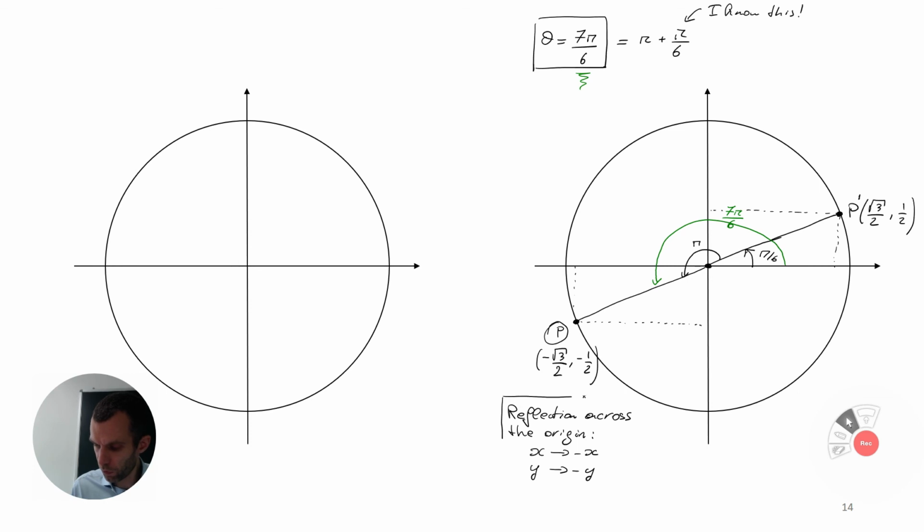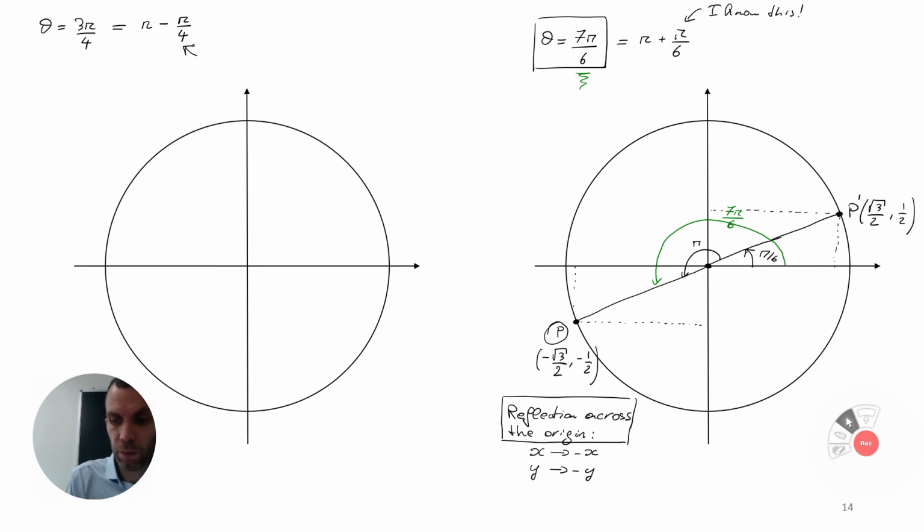Let's do one more, just one more. So the last one that I want to do here is theta is 3 pi over 4. Again, not an angle that we know a lot about at this point, but if you look at it for a bit, you can observe that that's pi minus pi over 4.